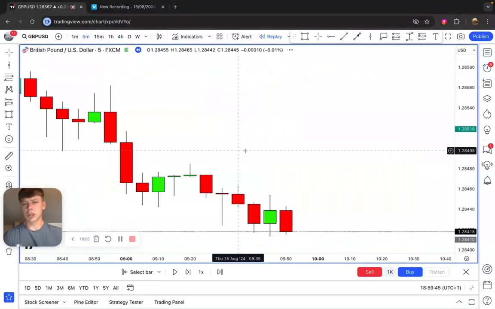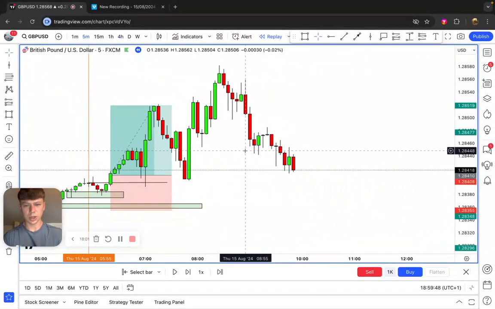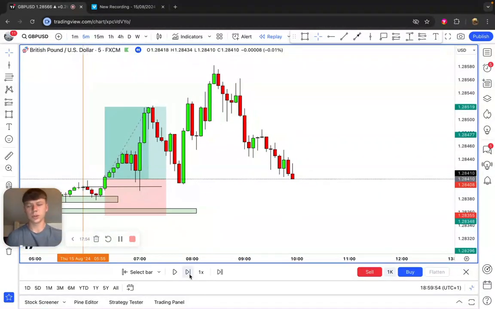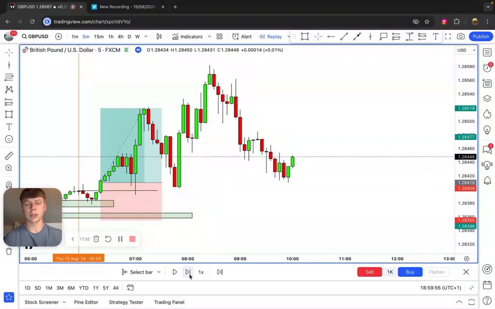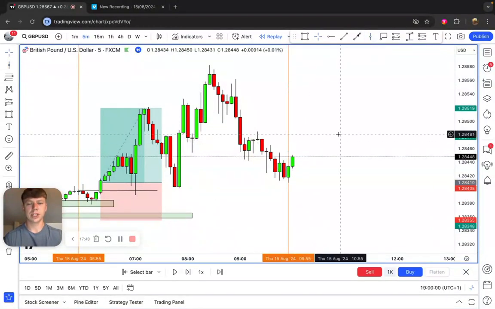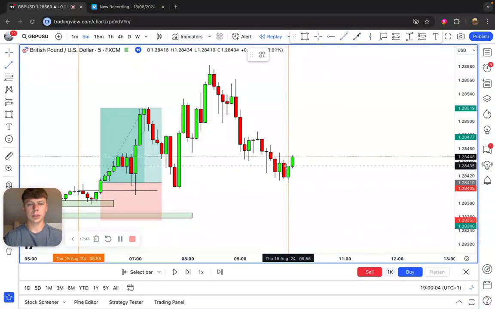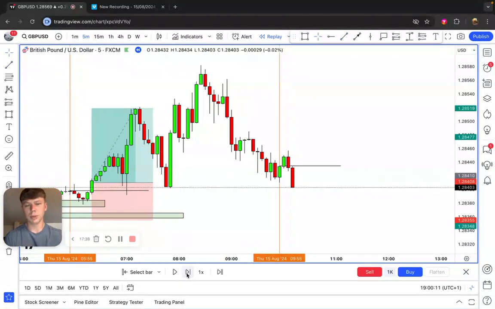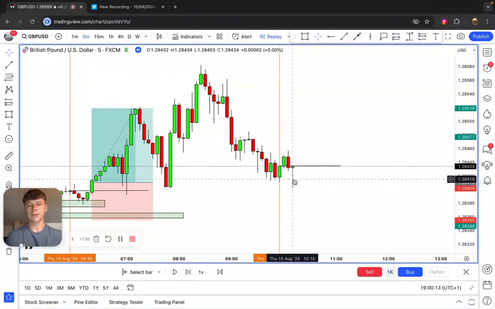Anyway, I was looking at the charts and I just got a little bit distracted, and I came back and it was too late, but I looked at it and I could have taken a great trade. So you can see here, let me just mark this off for you. It's actually the 9:55 candle. So the same thing applies. You're just looking to see price pull back, to create a wick.